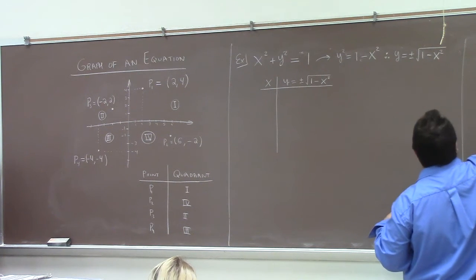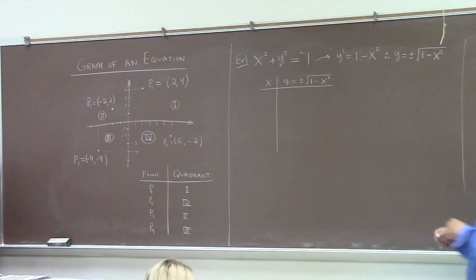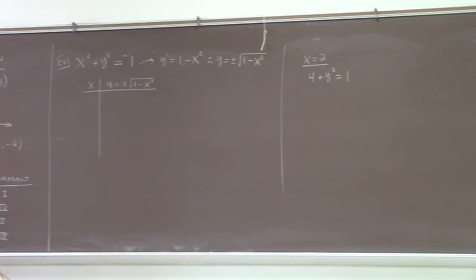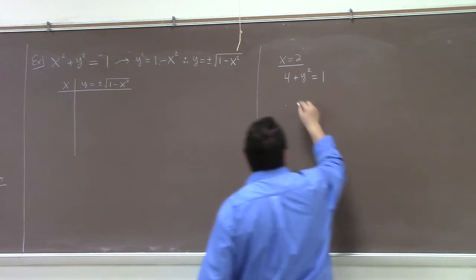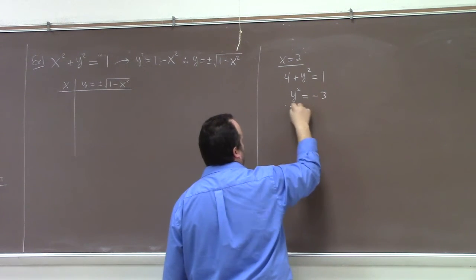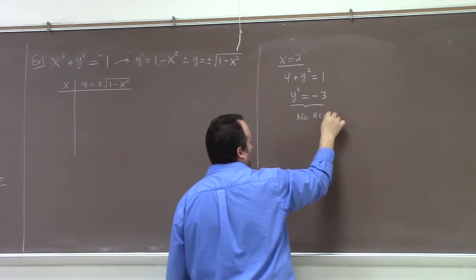I get 4 plus y squared equals 1, right? y squared equals 1 minus 4, which is minus 3. This has no real solutions, right?